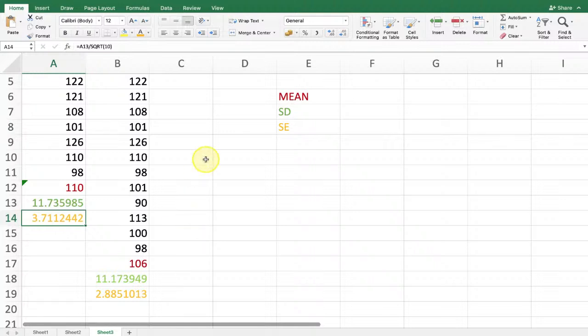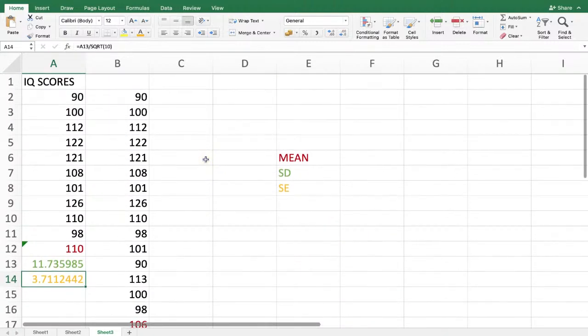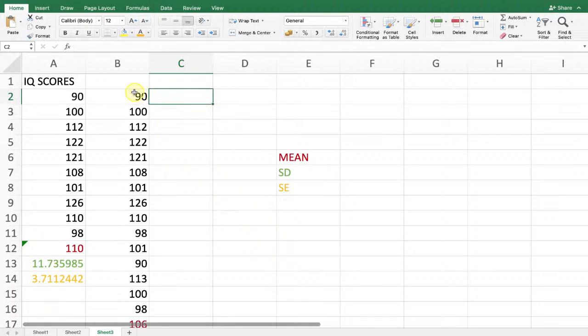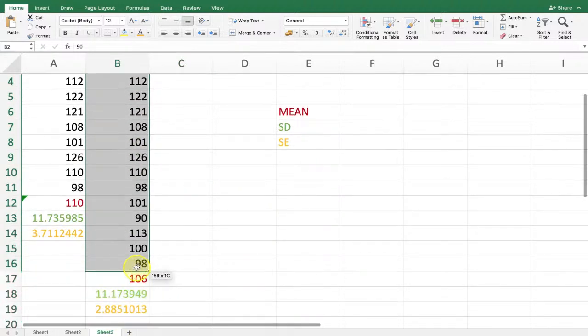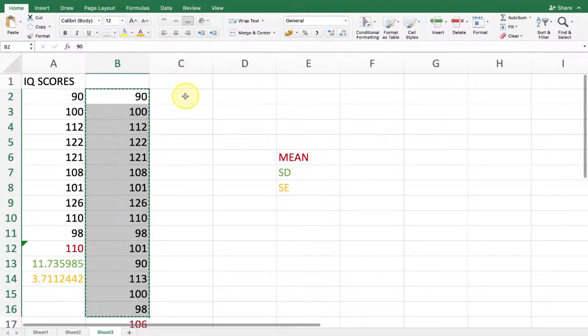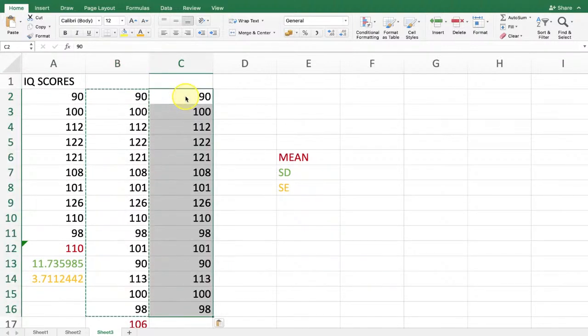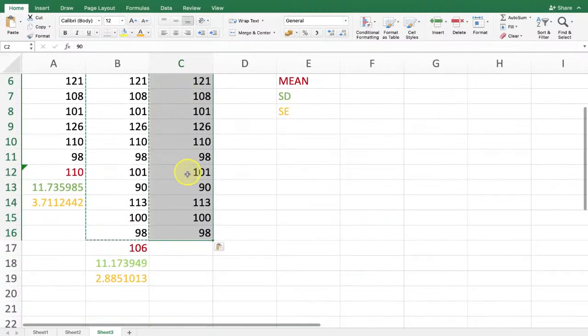Increasing n, let's make it 20 and see what happens with the standard error as we increase the sample size. So what have we done so far? We increased the sample size from 10 to 15. What if I make it 20? Let's make it 20 so that we can contrast it also to 15.